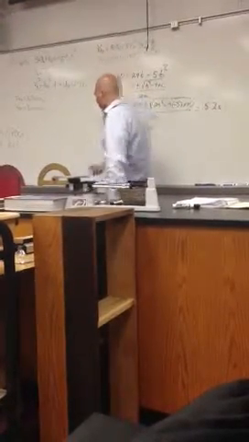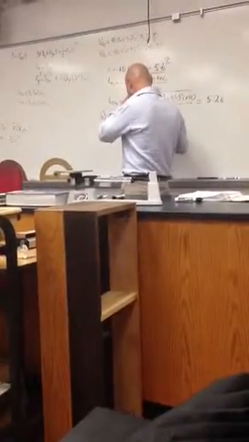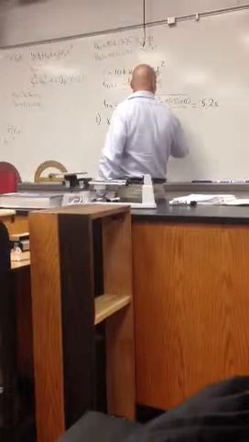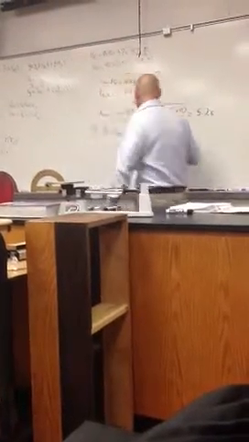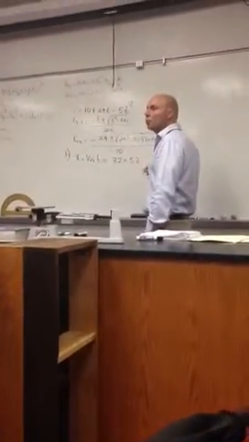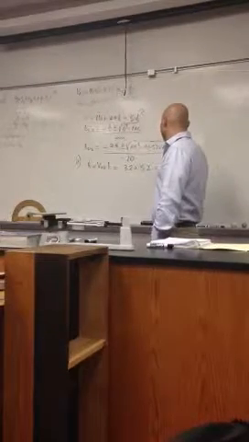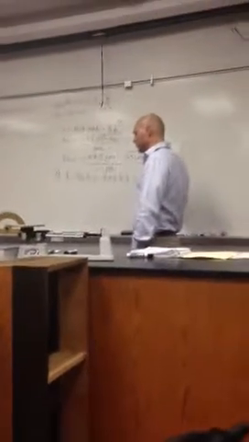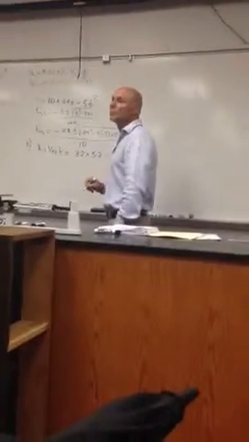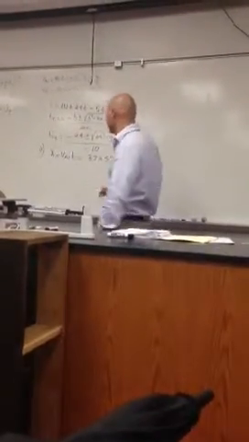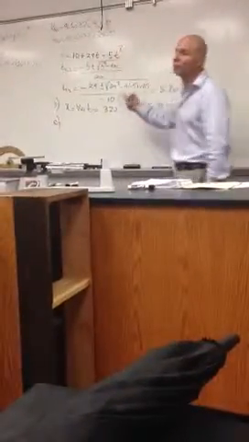Yes, it's 32, sorry. 32 times this time, which is 5.2, and what will be the answer? 32 times 5.2, what will be the answer? 166 what? Meters per second. No. Meters. This is distance. So if you have meter per second times second, you will obtain meter.